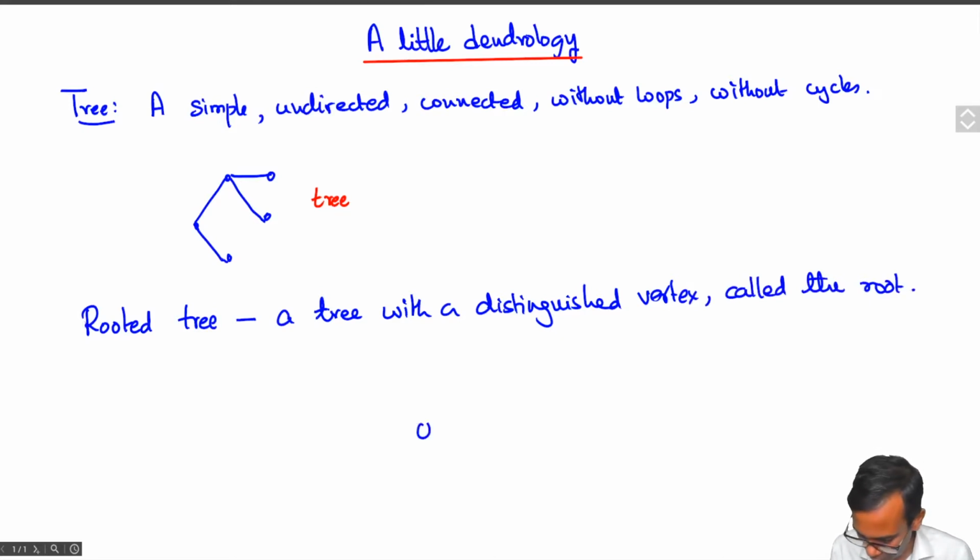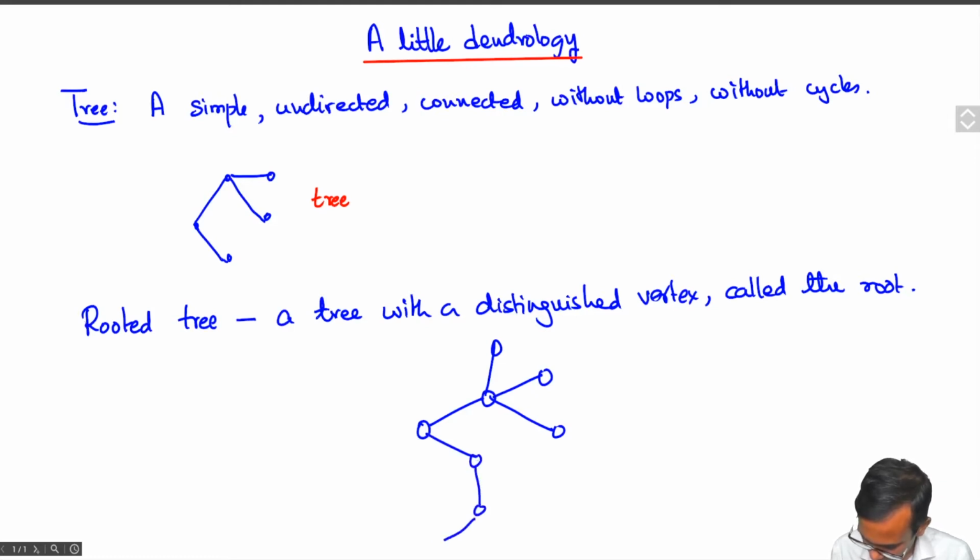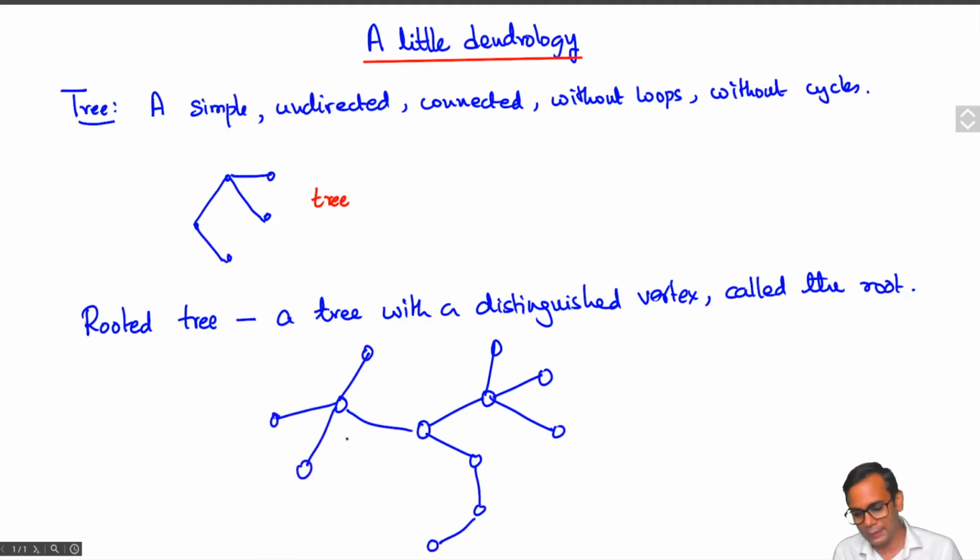So let me just draw another slightly more complicated example. Here is a slightly complicated looking tree, and I can take any of its vertices and designate it to be the root, and then this will become a rooted tree. So this is the root.